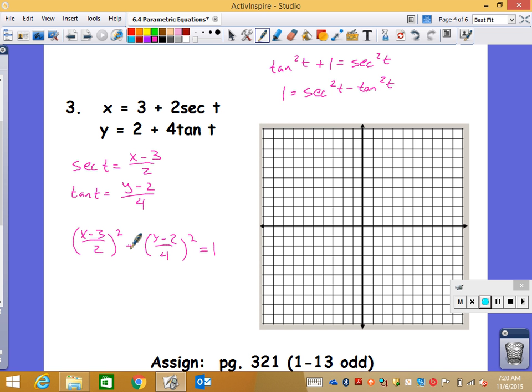Well, let's see where my center is. My center is 3, 2. So I'm going to write that as 1, 2, 3, 1, 2. Now, how many in each direction am I going? Well, for the x direction, my denominator is 2 squared. So I'm going 2 in the x direction. So 1 point there, 1 point there.